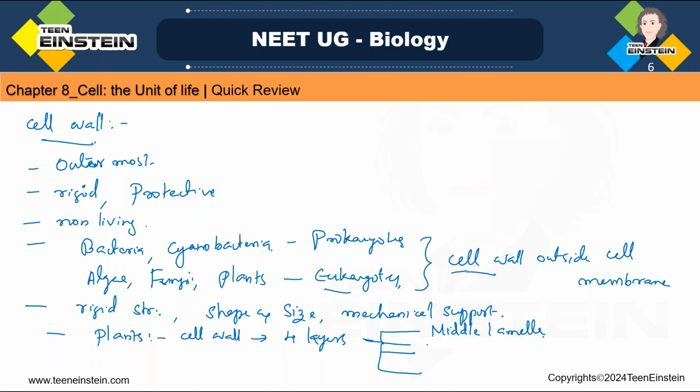Middle lamella, primary cell wall, secondary cell wall, and tertiary cell wall. Okay, so the middle lamella is the outermost layer of the cell wall.